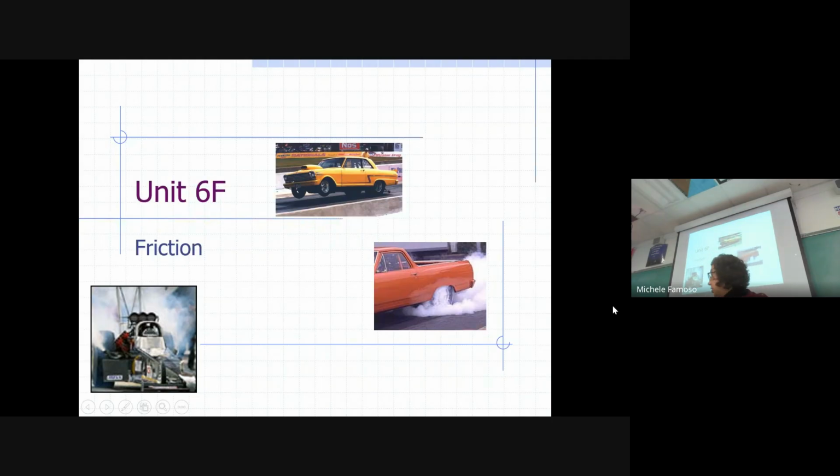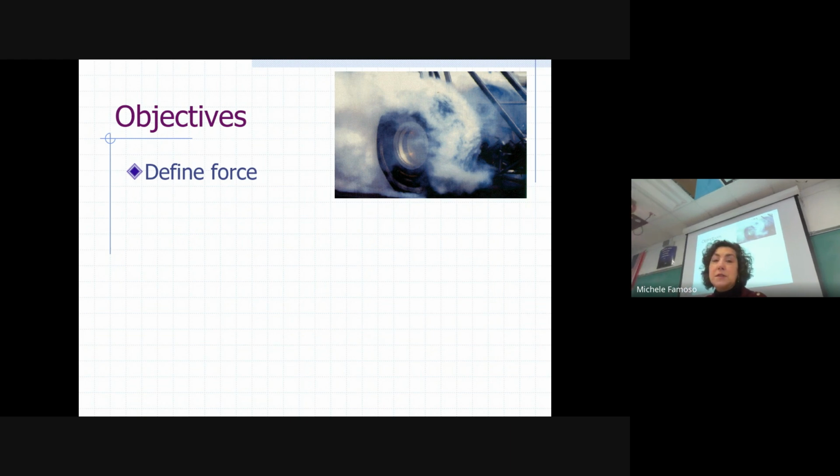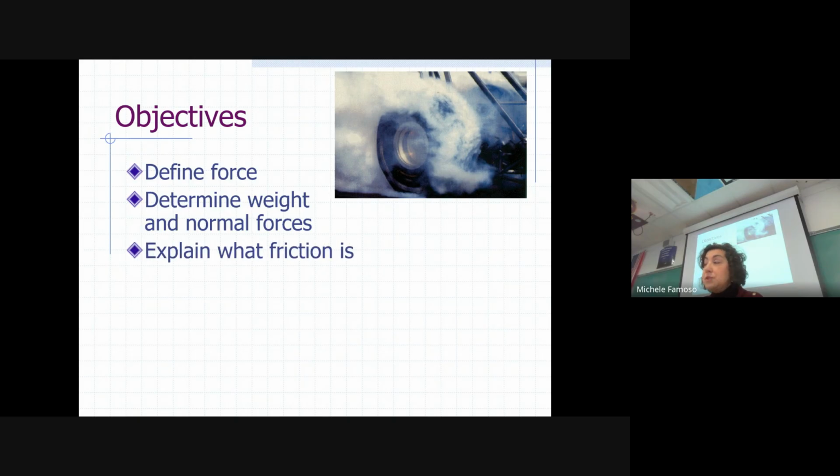And what we're going to learn about today and tomorrow and on a lab on Monday are different types of frictional forces. What I'm going to ask you to do is define the term force. I'll ask you to determine weight and normal forces. I'll ask you to explain what is meant by friction.